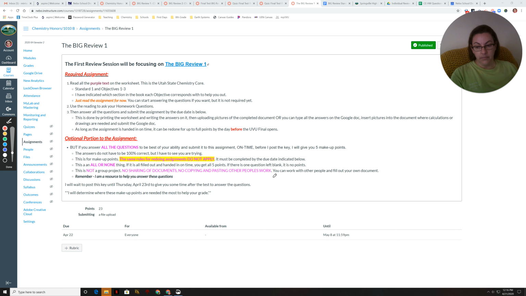But you can work together, get on FaceTime, get on Google Meet, whatever, and you can discuss the answers with each other and help each other, but every person is doing their own document. And that is not copying and pasting. By the way, copying and pasting something straight off of Google and onto the worksheet is also cheating. You need to retype it in your own words.